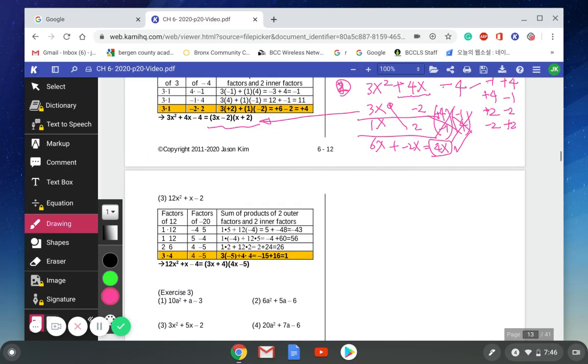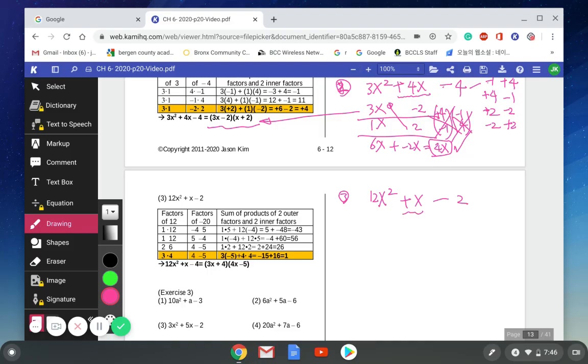Okay, the next question is 12x squared plus x minus 2. So this is a hard one. Usually when the middle one is x.